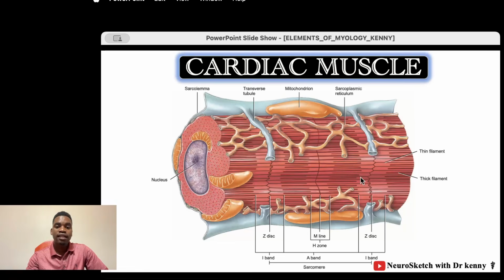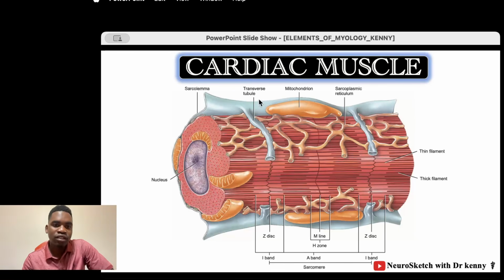We have the thick and thin filaments arranged in almost the same way as in the skeletal muscle fiber. We have the transverse tubule, same as there. We have sarcolemma and sarcoplasm, which is almost the same as the skeletal muscle fiber.